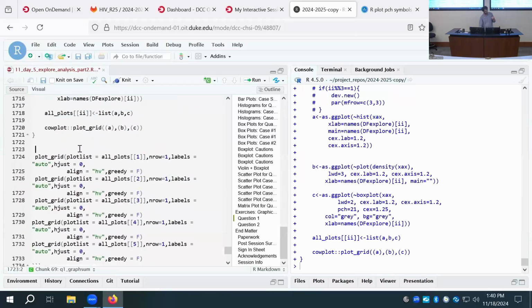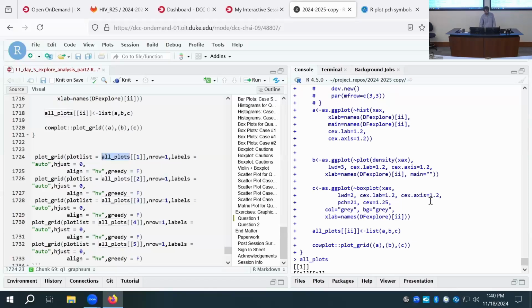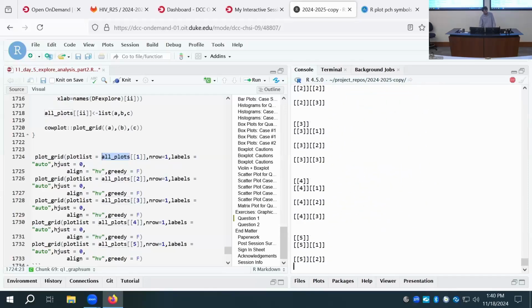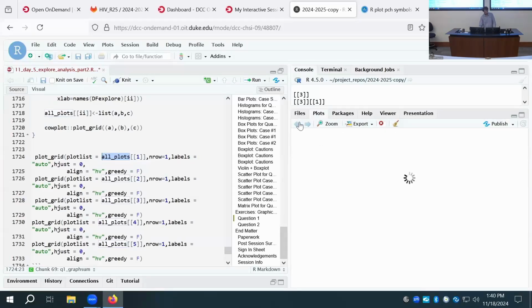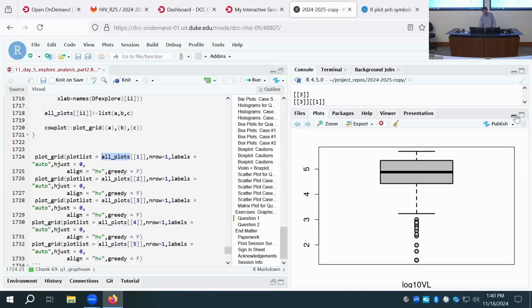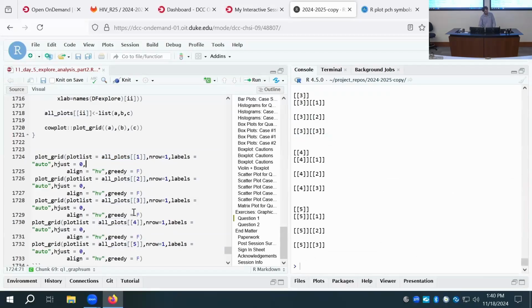Then I'm going to do this plot grid, and give it the plots. If we look at all plots, it's this big list, and it would dump them one by one, which isn't really nice. So I'm going to say, plot list, all plots, one row, and align it horizontally.